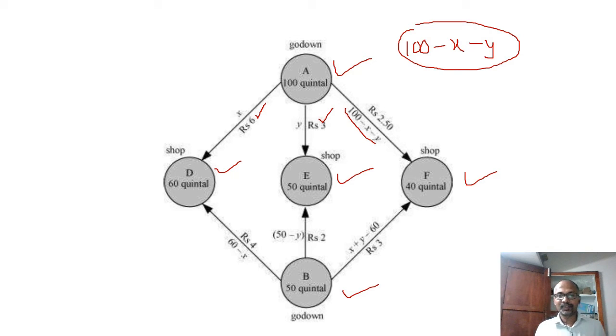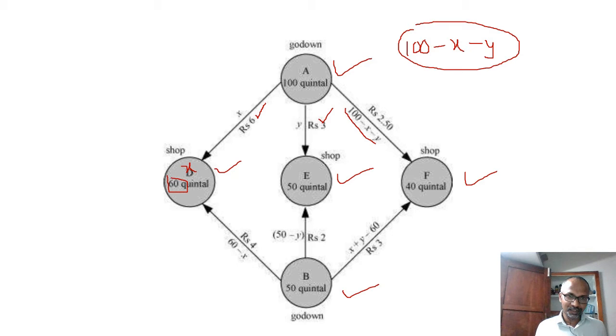Now the other side, what is on the other side? From B, how much? From here X is already transported to D. X has come, and a total of 60 we need.